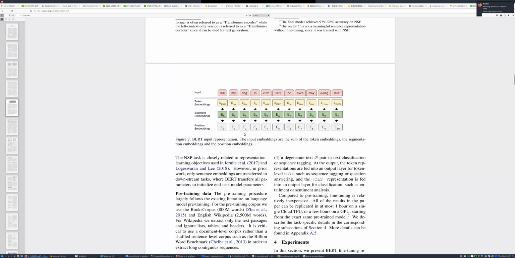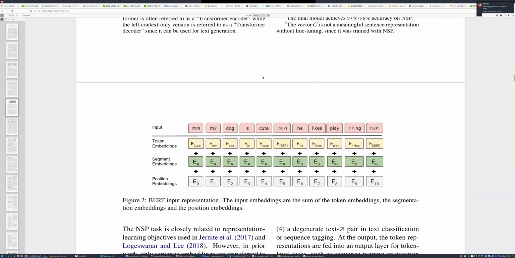Here's another example. Okay. So the input is: my dog is cute. He likes playing. Okay, so you can see this is the example where we have two input sequences. We want to separately encode them, but you always begin with a special token CLS and use the special token SEP to mark the end of a segment of text which you try to process.